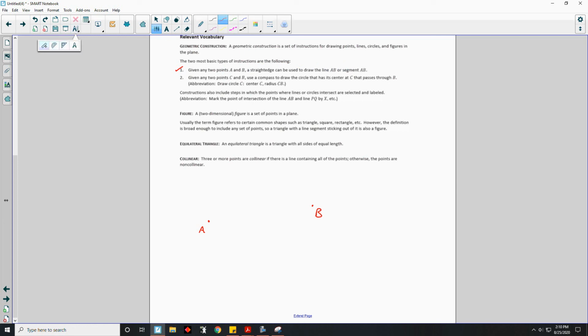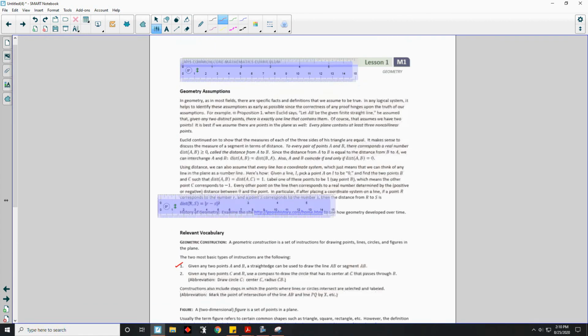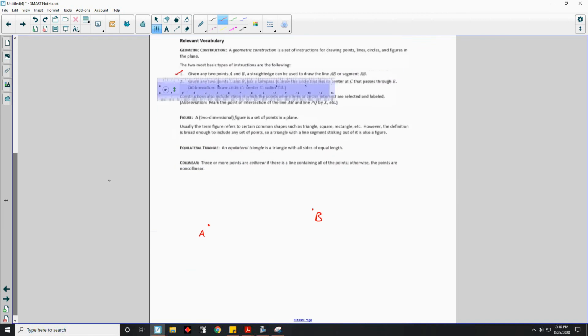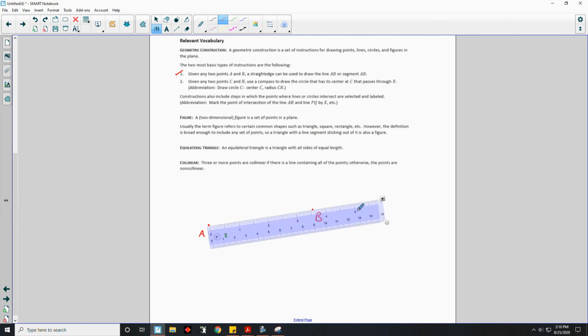So what they're saying is I can take this ruler, and bring it down, put that right there, rotate it. So what they're saying is, given any 2 points A and B, which we have here, a straight edge can be used to draw the line AB.